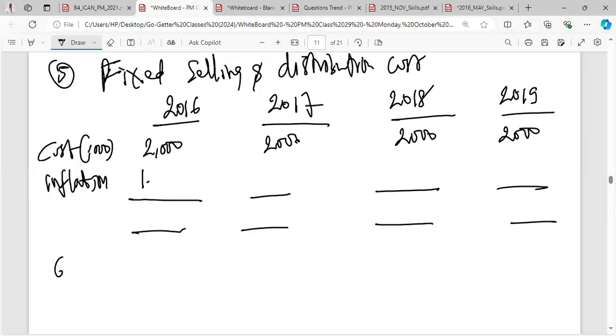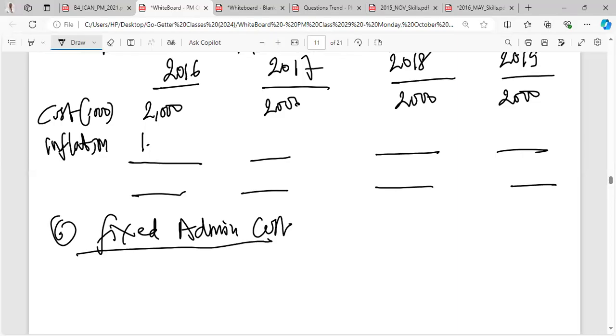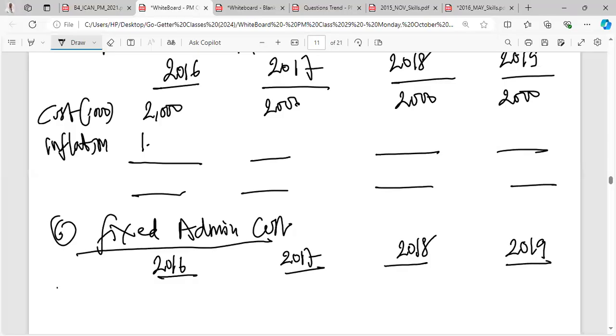Then workings number 6, fixed admin costs. So this is 2016, 2017, 2018, and 2019. The cost is 1 million.